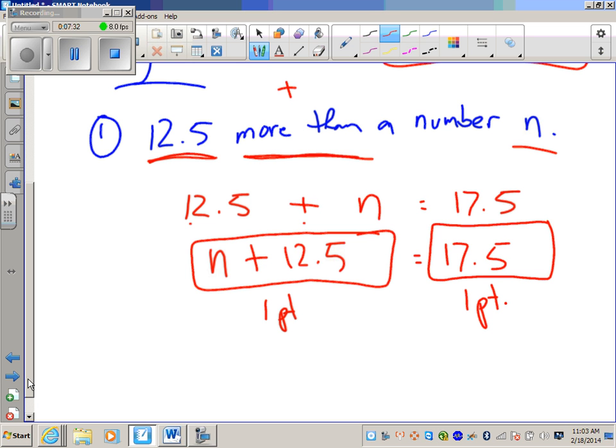That'll be for a point. So 5 plus 12.5, what do you need to remember when you add up decimals? Line them up. If n is equal to 5, line them up. That's how we get 17.5.